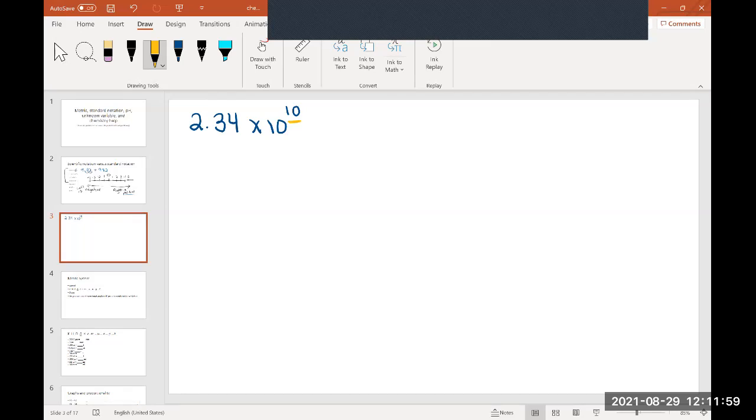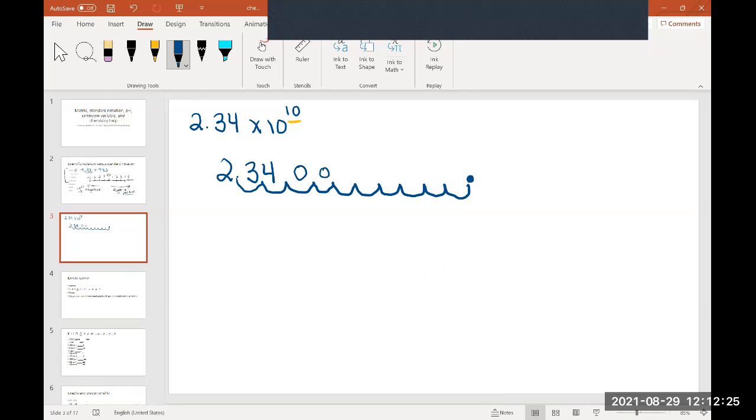Remember, right is positive. So now 2.34 becomes 1, 2, 3, 4, 5, 6, 7, 8, 9, 10. So I've moved 10 places. That's where my new decimal point will go, and all of these happy faces fill in with zeros.